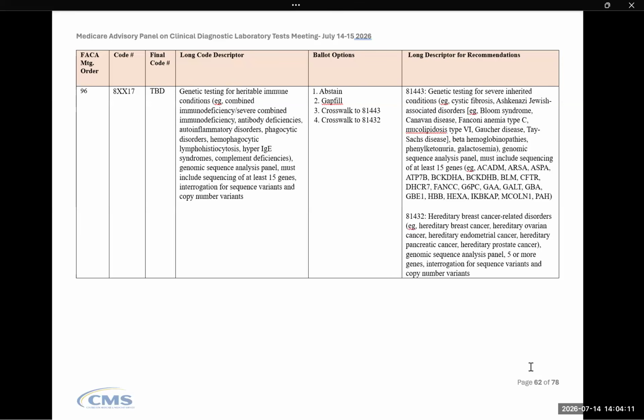The alternative proposal by the American Clinical Laboratory Association is 81443, which is also a multi-gene sequencing panel and remains on the ballot. I favored 81432 as the closer resource match. Thank you. Do we have any questions from our panelists or CMS about this code? All right, so panelists, please cast your votes.